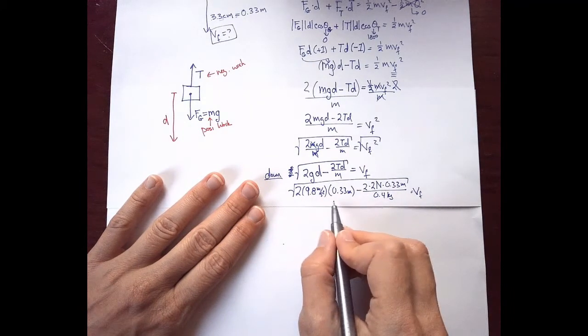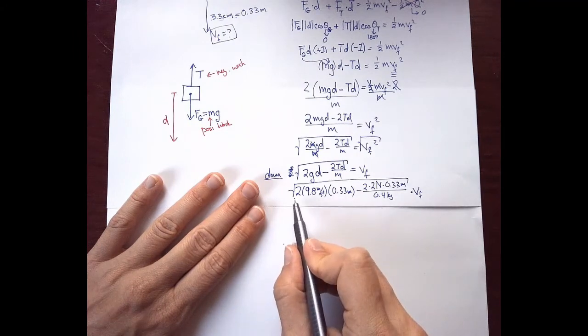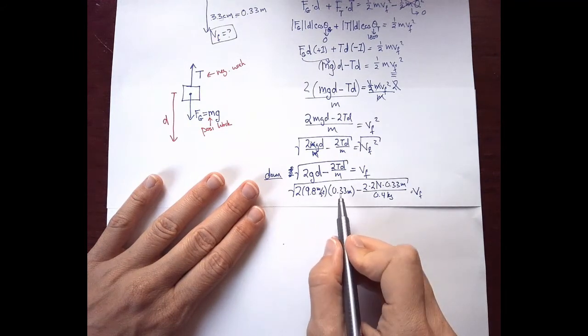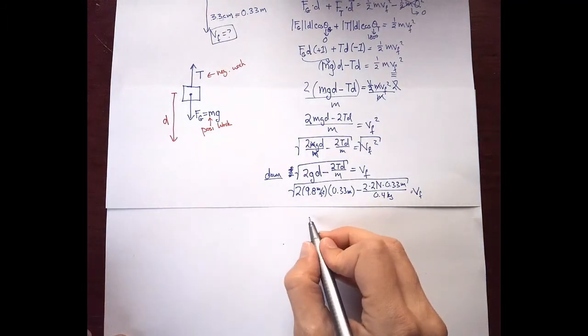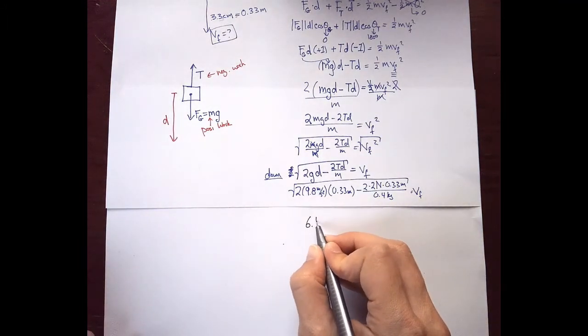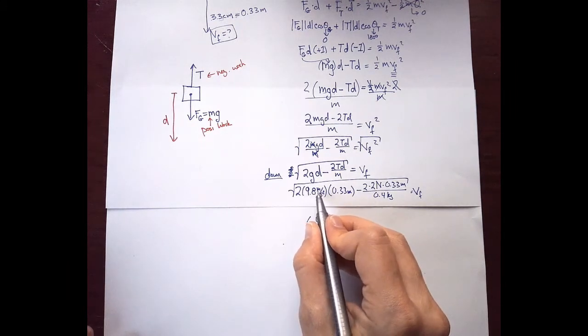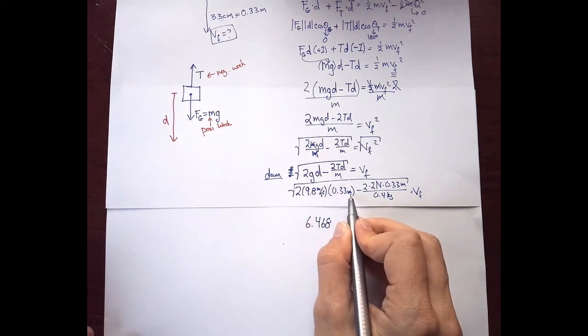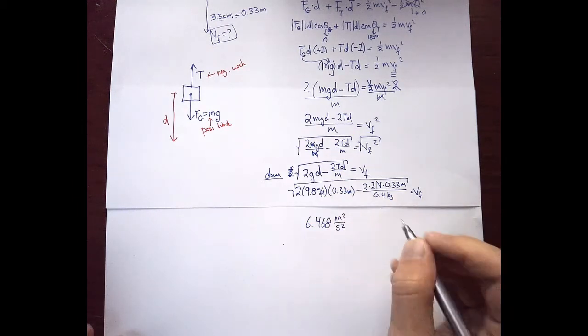So this first term here, let's see, is 2 times 9.8 times 0.33. Get our calculator. That is going to be 6.468. And units, meters over second squared times meters, so that'll be meters squared over second squared.